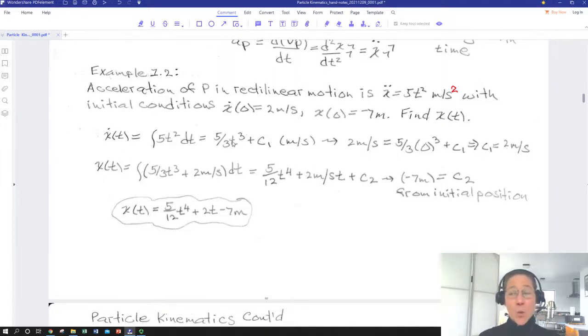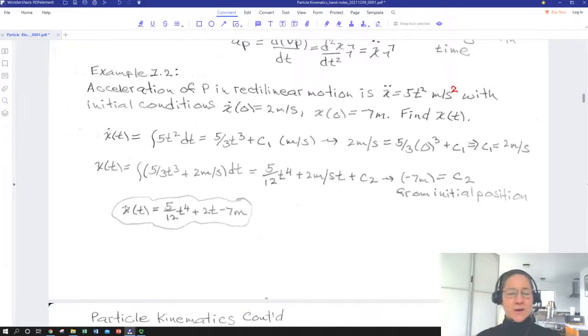We can integrate again our entire velocity expression with respect to t, and we kick out a second constant of integration, which we can determine with our second initial condition, which is our position at 0 time, -7 meters, equals c2.